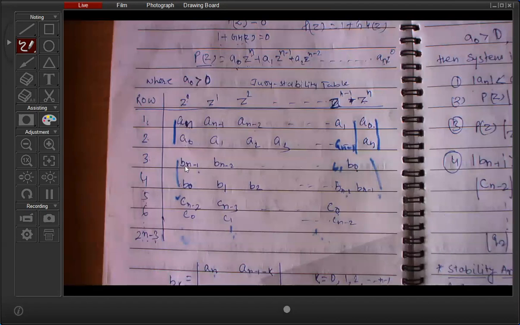The number of elements of the third row is one less than that of the first and second rows. Suppose the total number of elements in row 1 and row 2 is n, then the number of elements in the third and fourth rows is n minus 1, and the coefficients are b(n minus 1), b(n minus 2), up to b0. And in the fourth row we reverse the coefficients: b0, b1, b2, like that.